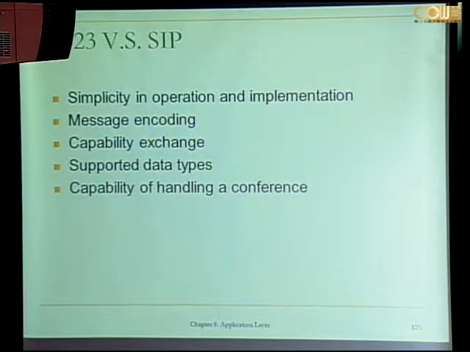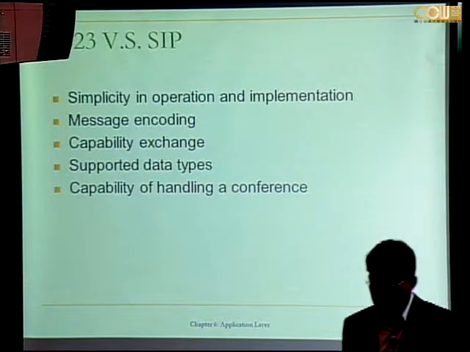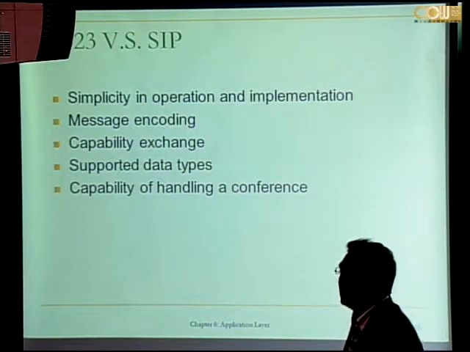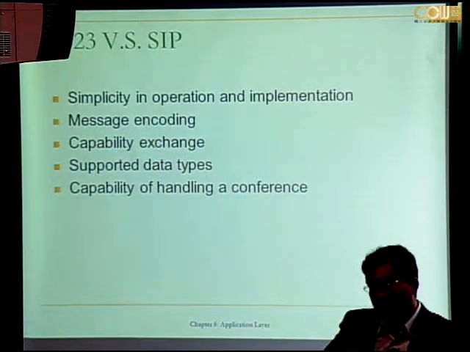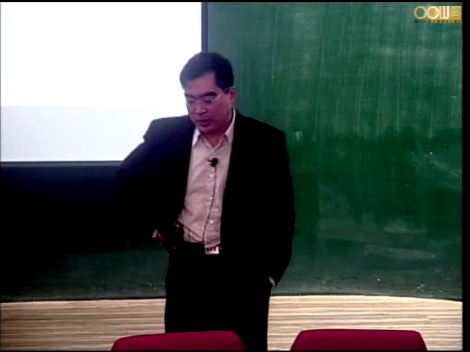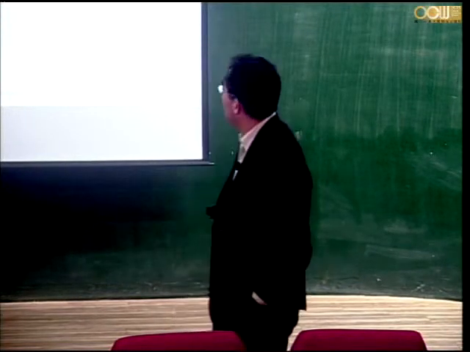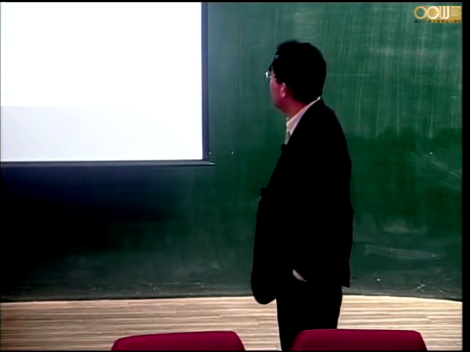Okay, so we have compared H.323 and SIP. The difference is there are too many control protocols in H.323, and they have protocols for different things, and most of them are describing the core features, the capability of the peer. However, in SIP, they put all these into the options.